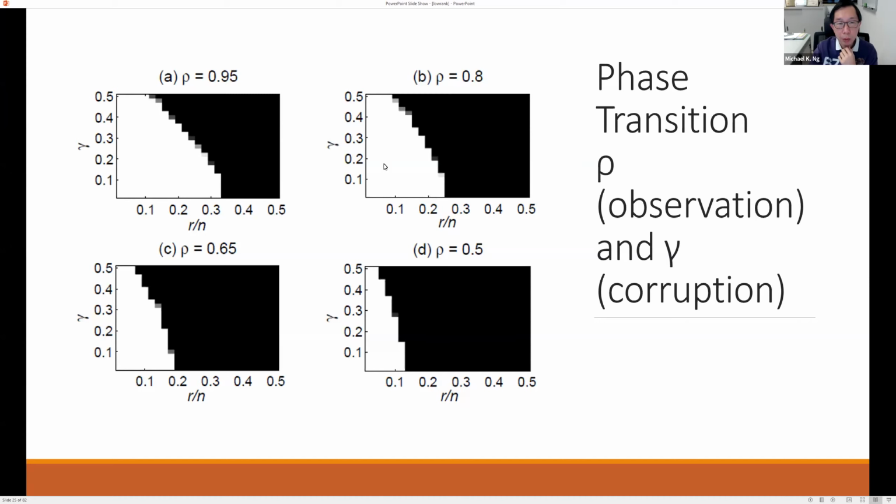Here the right region means you can recover successfully up to some numerical tolerance in the numerical setting. That region means it's not successful. So you see that when your gamma is lower and the rho is larger, then of course the rank r is low, and you can more easily recover the underlying low rank tensor.